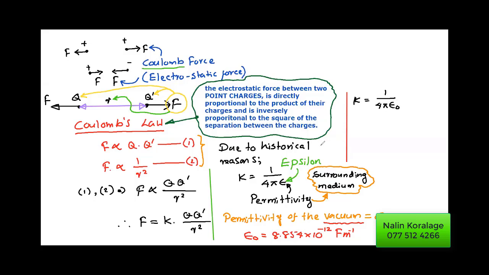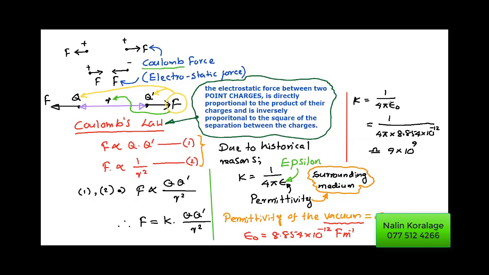Fine. So if I substitute now here, 1 over 4, 1 over pi, they are numbers, so they don't have any units. But epsilon naught does. It is farads per meter, but that is in the denominator.